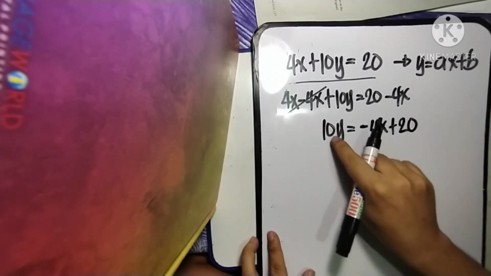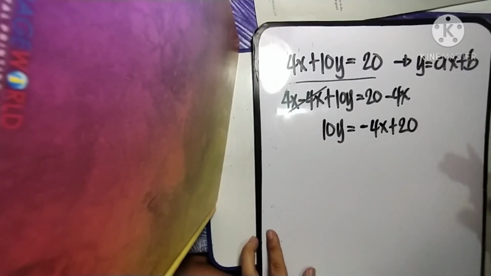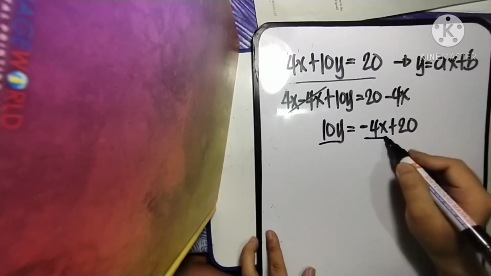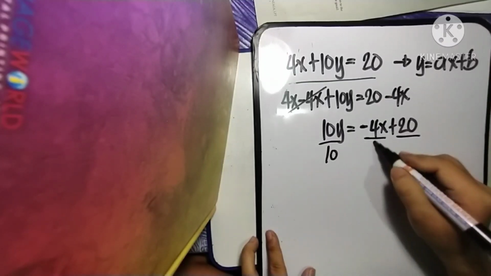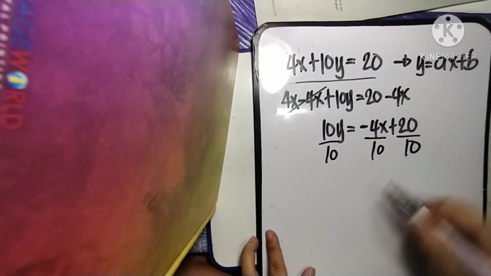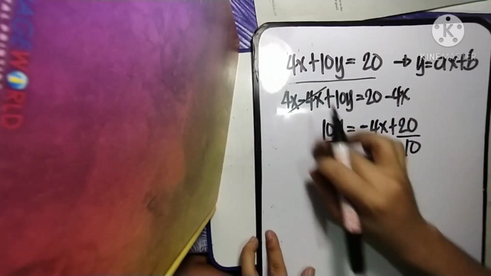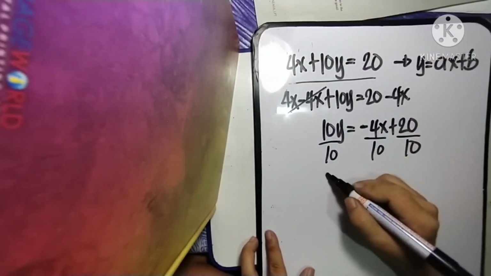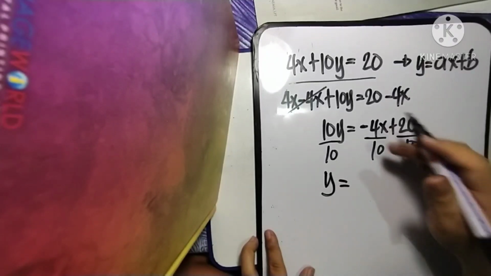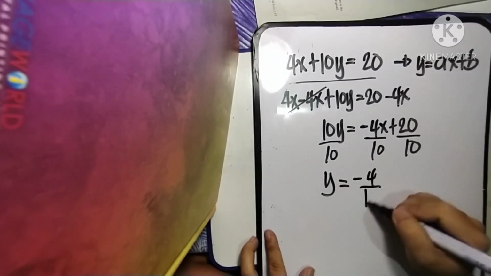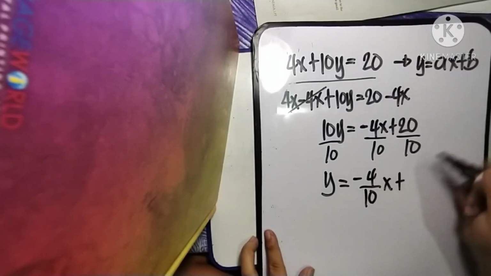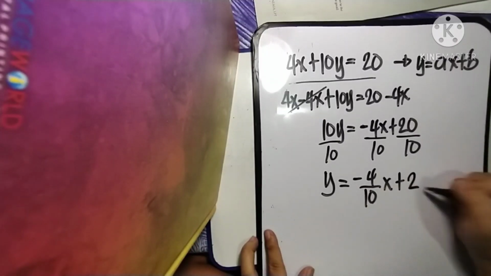Then, find the value of y by applying the division property of equality. Divide both sides by 10. 10y divided by 10. 10 divided by 10 is 1 times y is y, is equal to negative 4 over 10 x plus 20 divided by 10 is positive 2.